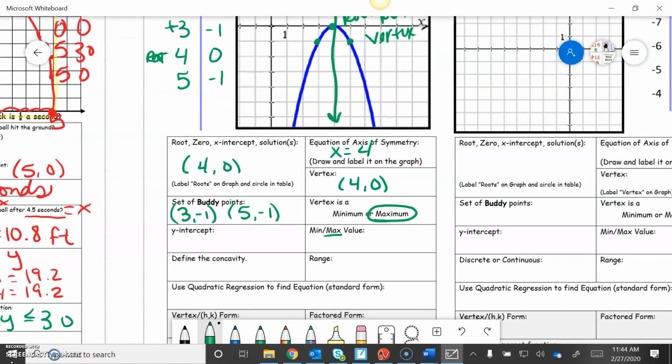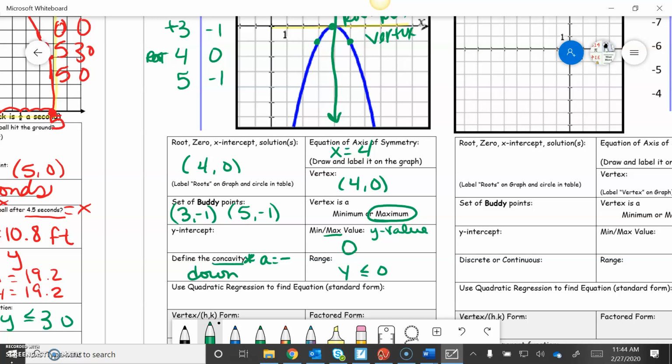We have a max value. Remember, the max value is your highest y value, which in this case is 0. And we have a concavity. That's how is it opening. It is concave down. And remember, if it is concave down, that means your a is going to be negative. Our range, if I was to draw, now I do not have arrows, but we're going to assume that it's going to keep going, is going to be -∞, and our highest is going to be 0.